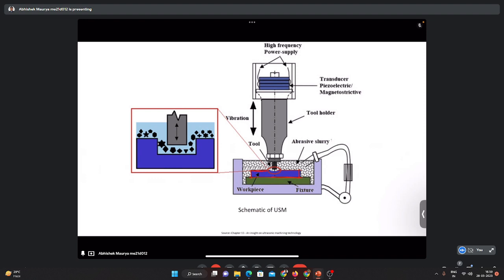The process is a little different from the ones we have studied till now. Here we are using abrasive slurry. Abrasive slurry is a mixture of some fluid, which may be oil or water, with abrasive particles.